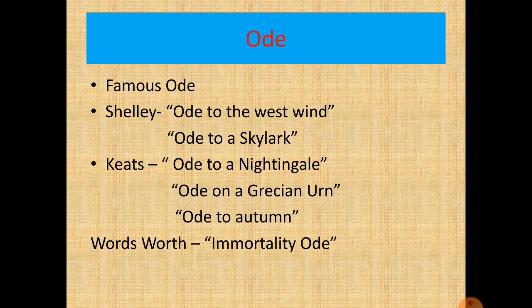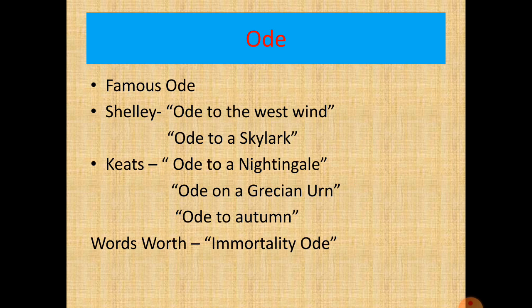For example, poets like P.B. Shelley and John Keats were using regular stanzas. Shelley's Ode to a Skylark has a regular form. All stanzas have five lines. Ode to the West Wind also has a regular form of stanzas, and all the stanzas have 14 lines.